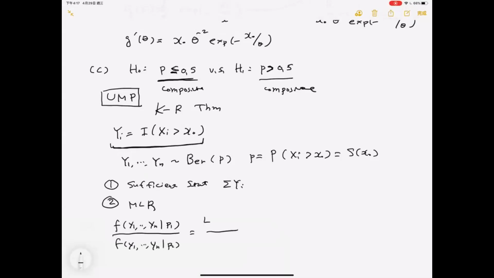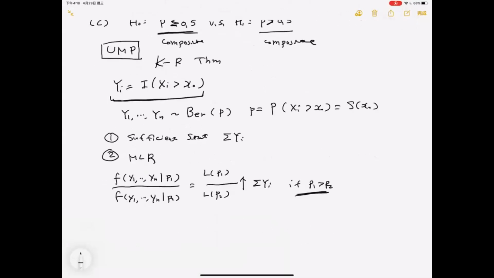You are going to show that if p1 is bigger than p2, then the likelihood ratio is an increasing function of the sufficient statistic. Again, if you show that it's a decreasing function in some example, then switching back to increasing is nothing but putting a minus on the summation of Yi, and then it becomes an increasing function.